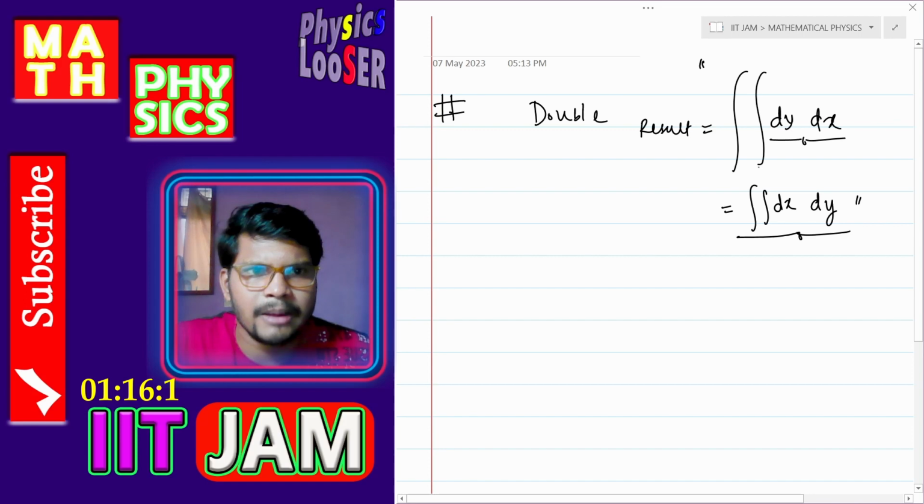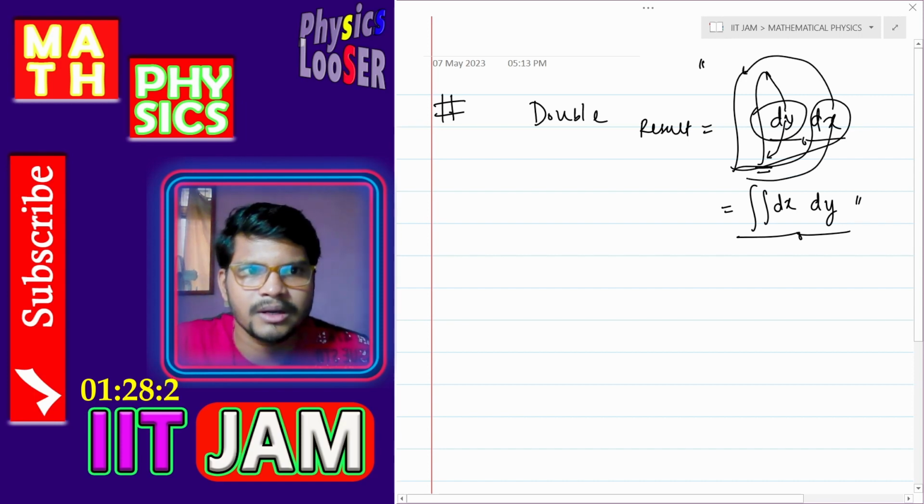The integral for dy has its own limits, and similarly the integral for dx has its limits. That is the most crucial aspect of double integration.